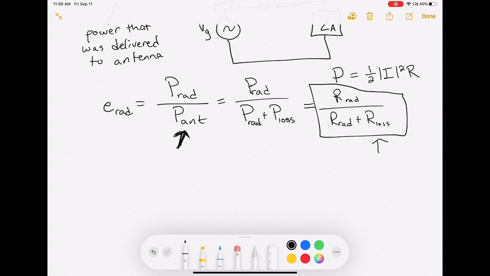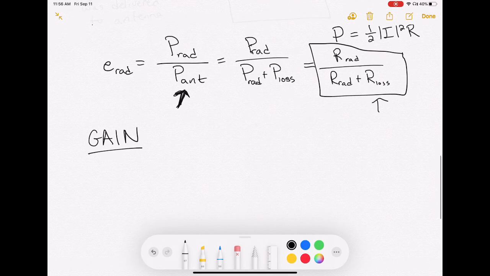This notion of efficiency also leads to a metric for antenna patterns, which is called gain. We talked about directivity, and gain is pretty similar to directivity with one very important difference.